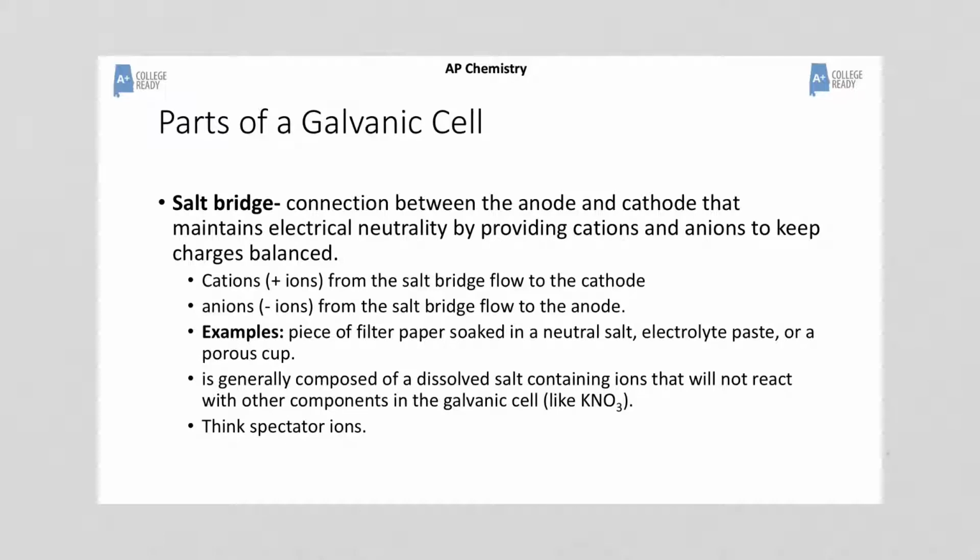Science of Motion has one where it's actually a porous cup, so that the ions from both solutions can go through the cup. But all of those are acting as a salt bridge. So KNO3 is a very good component. Again, we don't want ions that are going to cause other reactions. We just want those ions to be present in the solution, not to react with anything.